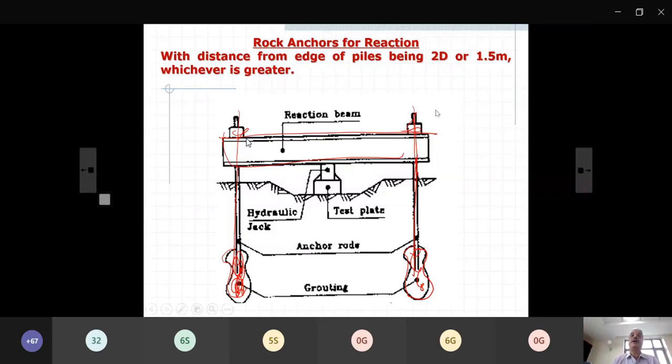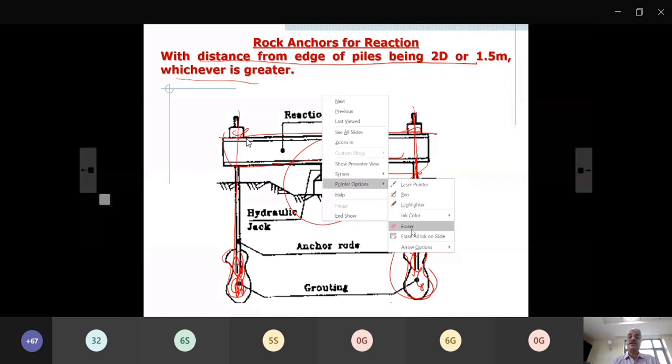So rather than anchor piles, you put rock anchors. And the distance from the edge of the pile is 2D or 1.5 meters, like the previous 3D or 2 meters. From here to here, there should be sufficient distance so that it does not interfere with the working of these piles. That is rock anchors for reaction.